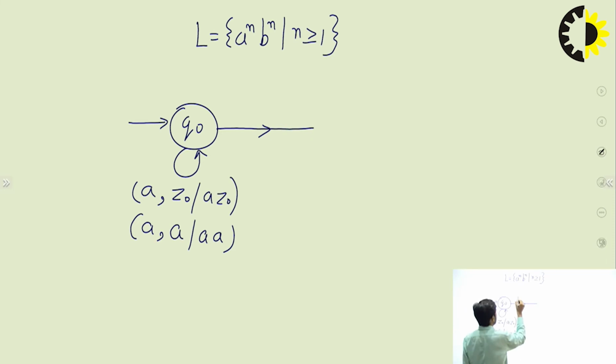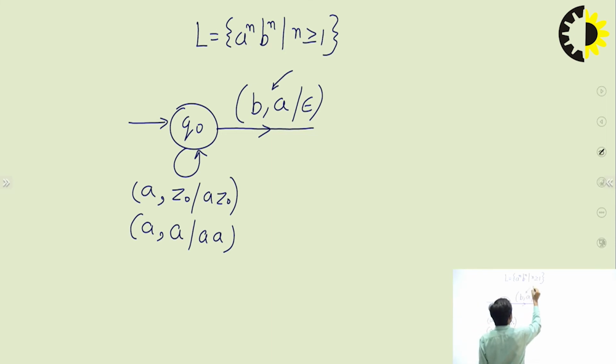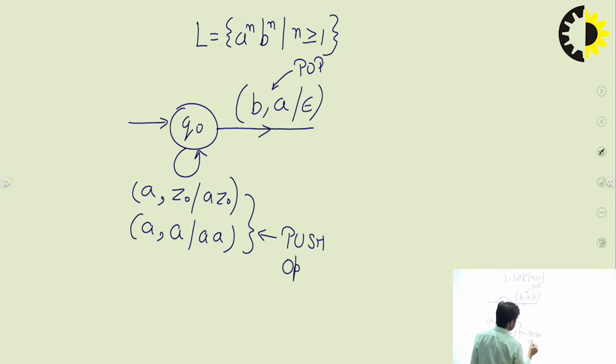Now when input is B and top of the stack is A, we pop A. This epsilon shows this is a pop operation, and these two are push operations.